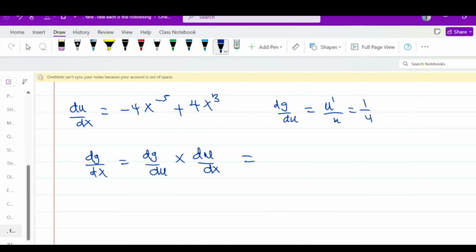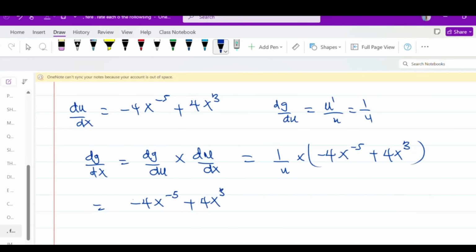So our final answer will be 1 over u multiplying negative 4x exponent negative 5 plus 4x cubed. So our final answer will be negative 4x exponent negative 5 plus 4x exponent 3, all over u, where our u is x exponent negative 4 plus x exponent 4. So this is our g prime of x.